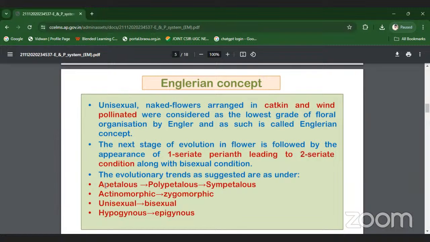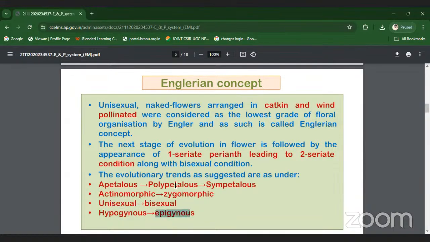First apetalous, no petals; polypetalous, petals free; sympetalous, petals fused. First actinomorphic, then zygomorphic. Unisexual to bisexual. Hypogynous to epigynous.